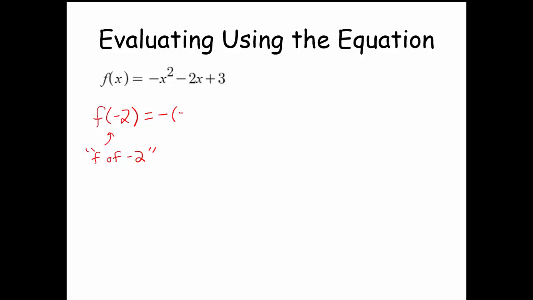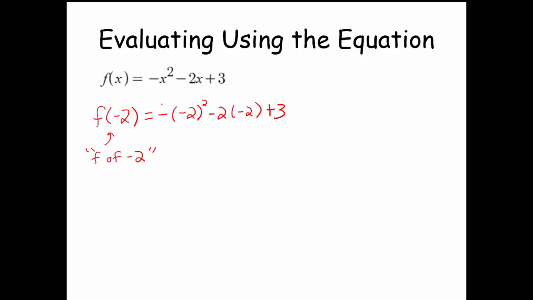And when you make your replacements, use parentheses. See what happened here? Instead of writing x, I wrote negative 2. Same thing here. Instead of x, I wrote negative 2. Notice this minus sign, this squared, this 2, this plus sign, this minus sign, this 3.